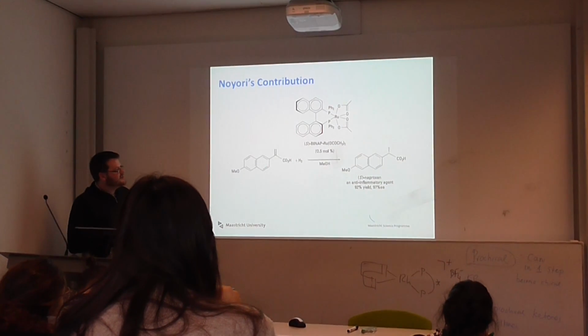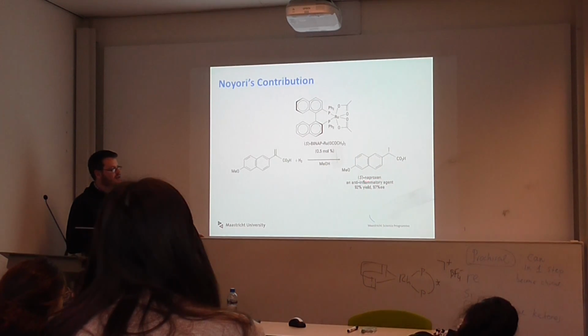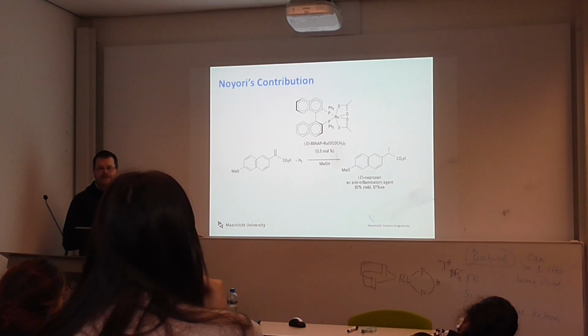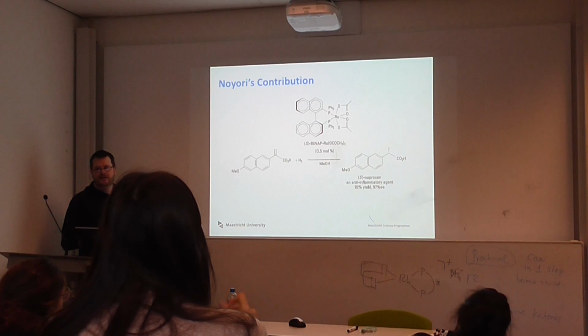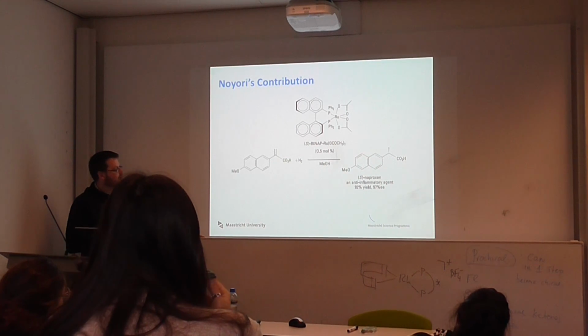And this is used industrially in the preparation of this anti-inflammatory reagent, naproxen. And we saw a moment ago, you might recall at the start of the lecture, the other stereoisomer is in fact causing liver disease. So, you know, it's important to get this right. And this catalyst does it very well.